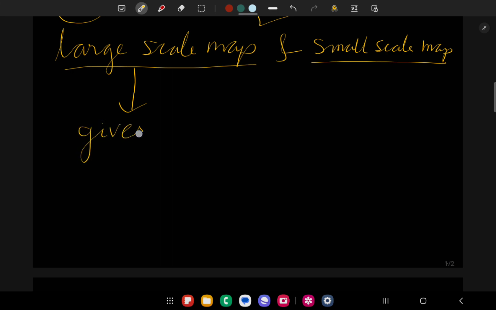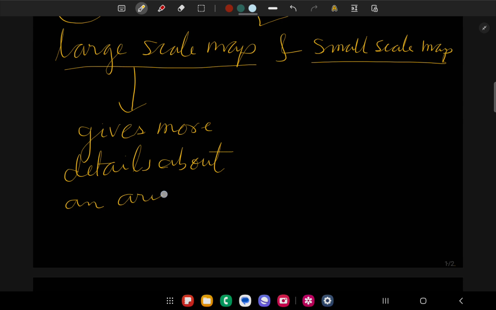If a map gives more details about an area, then we will call this a large scale map. And what is a small scale map?